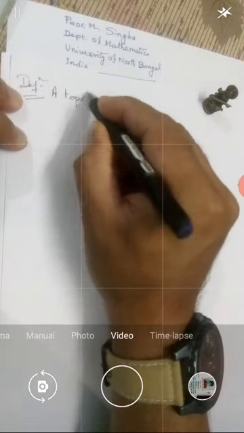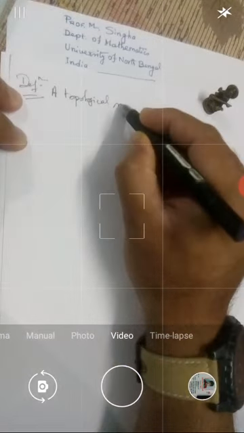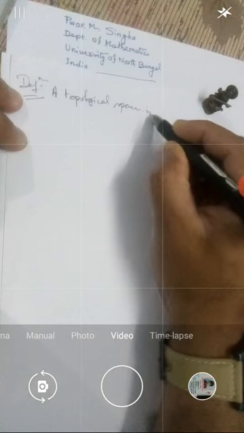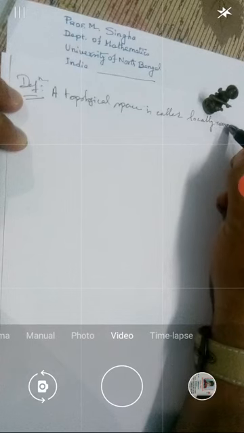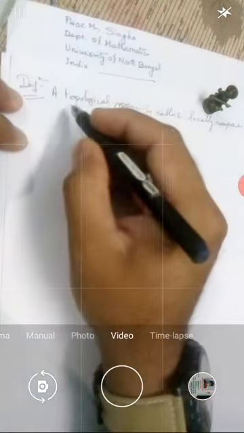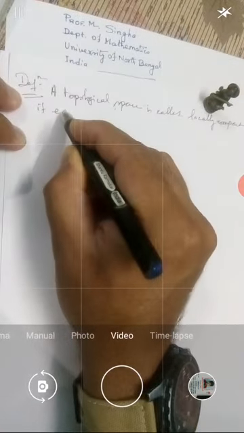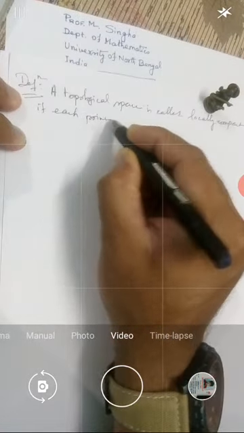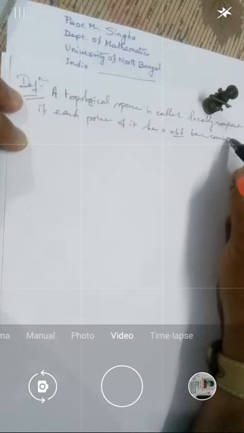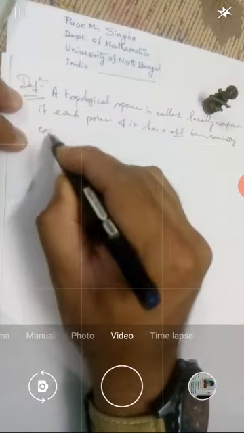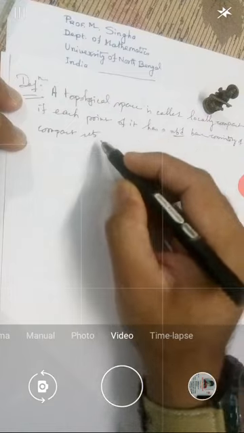a topological space is called locally compact if each point of it has a neighborhood base consisting of compact sets.